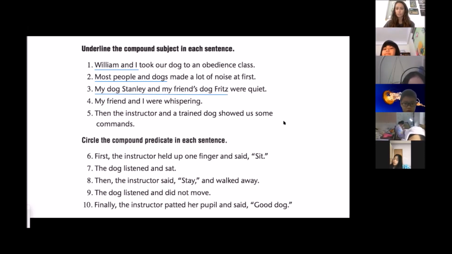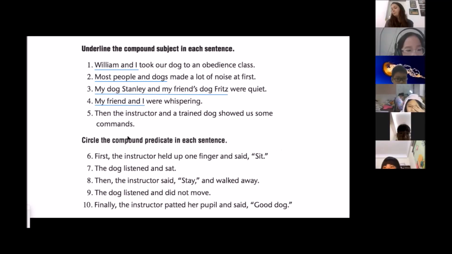Good job. Can you read sentence number 4? My friend and I were whispering. And what's our compound subject? My friend and I. Good job. Can you do number 5 for us, please?